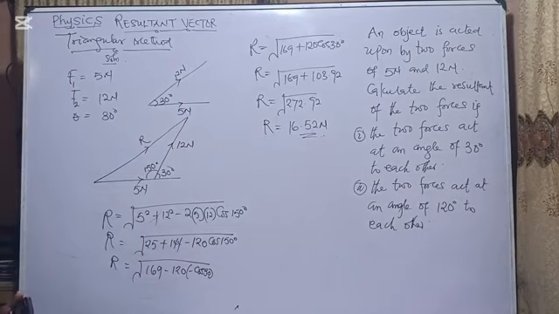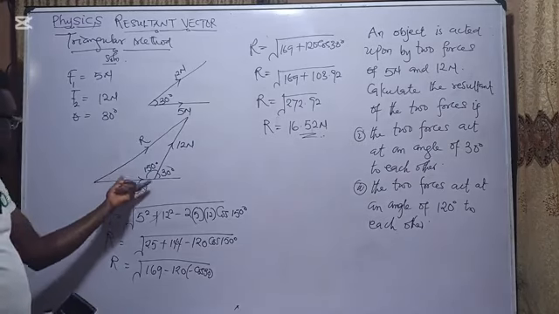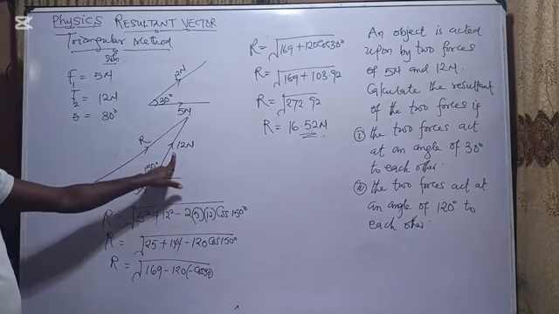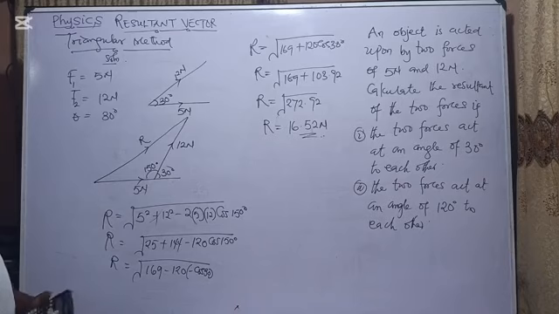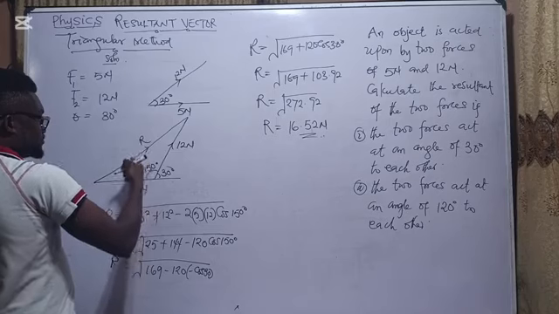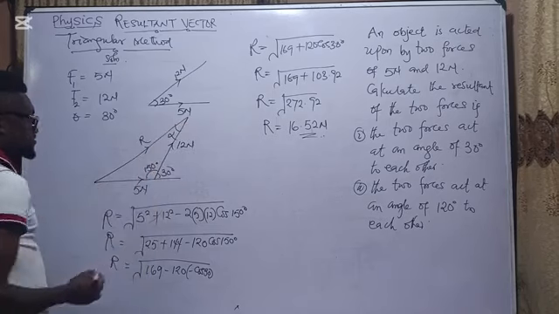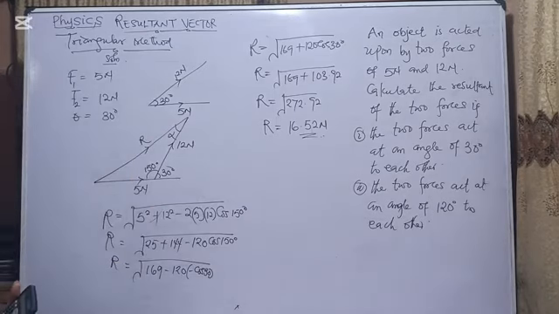Now, in order to get the direction, let's check the magnitude, the one with higher magnitude. 12 Newton is the one with the higher magnitude. So it is that one that will determine the direction. So in that case, the angle between that 12 Newton and the resultant is the direction here. Okay?